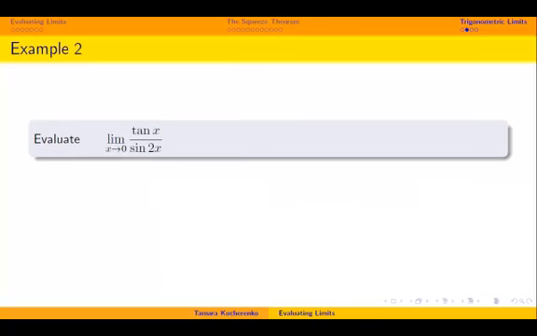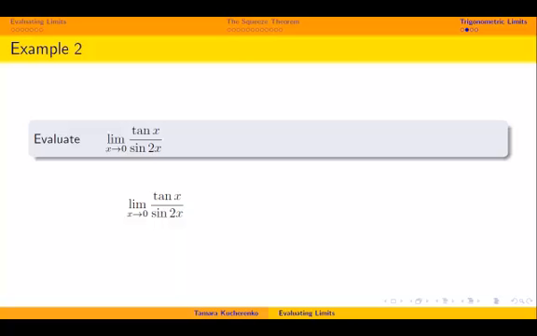The next example is to evaluate the limit as x approaches 0 of tangent x divided by sine of 2x. We check that the substitution x equals 0 leads to the indeterminate form 0 over 0. Tangent of 0 is 0, and sine of 2 times 0 is 0.